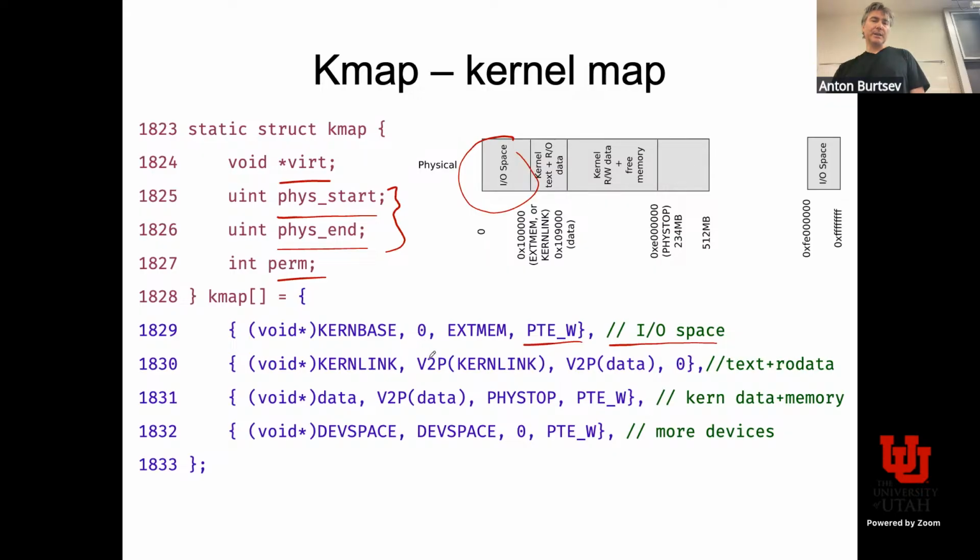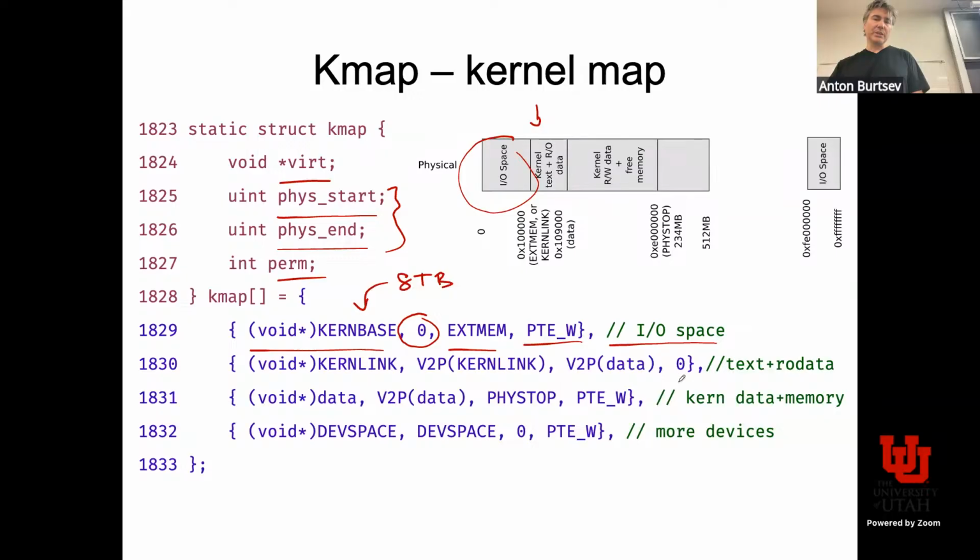It starts at physical address 0, and we're going to map it at the kernel base. And kernel base is 8 terabytes, right? And it goes up to extended memory, which is somewhere here, a little odd definition.